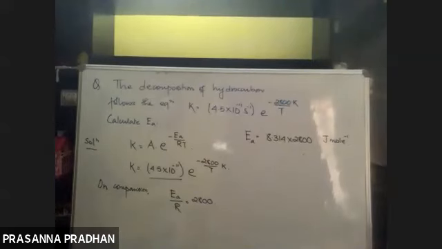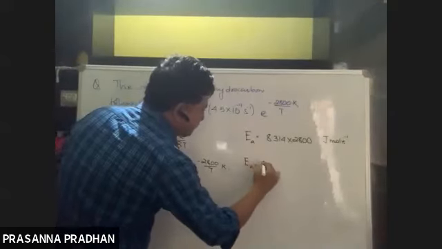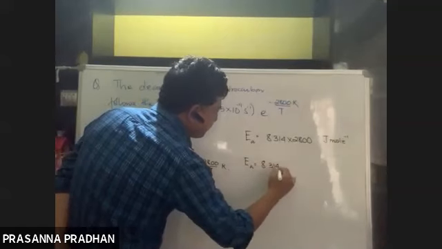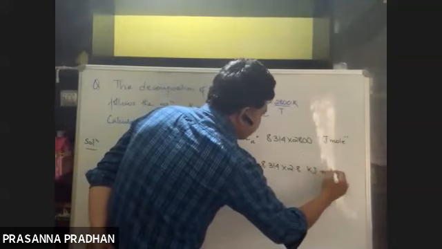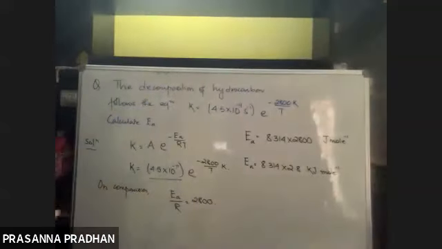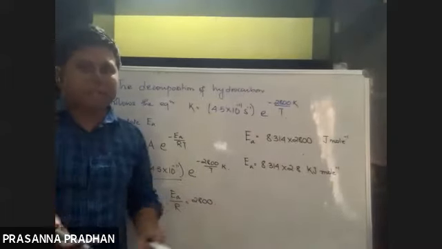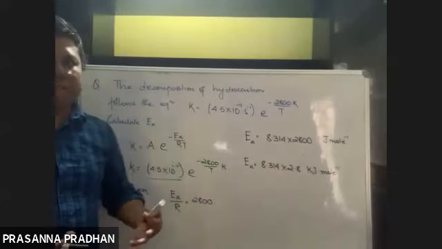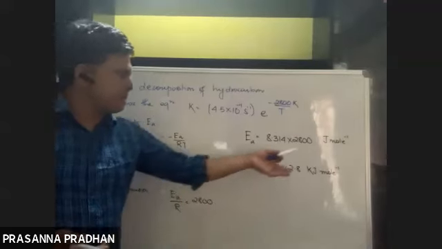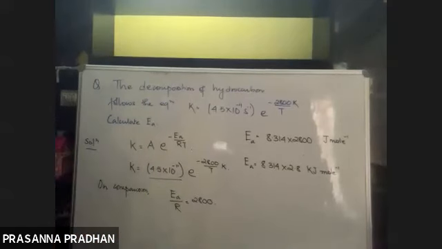If you wish to convert this into kilojoule, you simply divide by 1000, which gives 8.314 into 2.8 kilojoule per mole. You can express the answer either in joule or kilojoule. Here it's not an issue, but in the subsequent numericals, I'll tell you which unit to use.